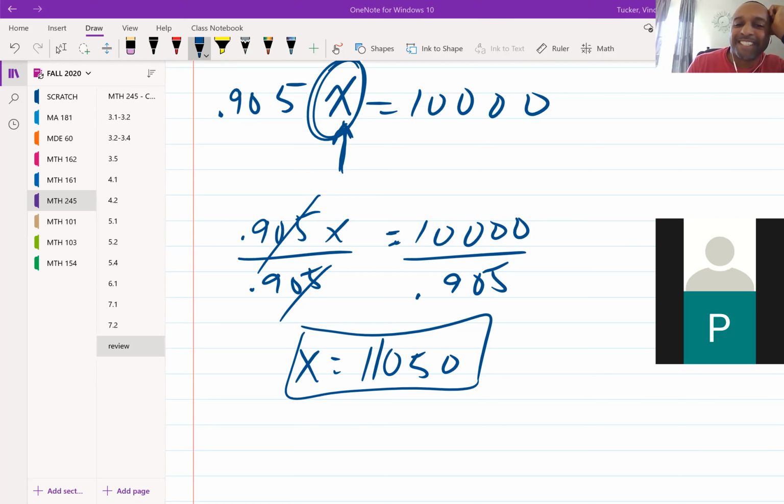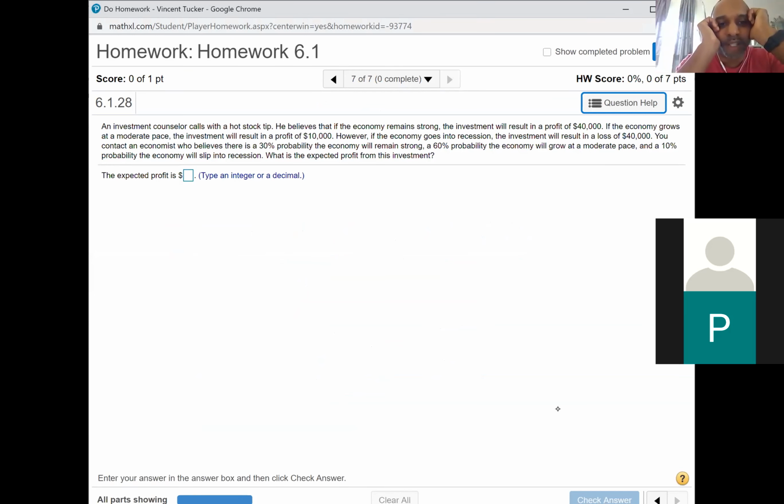All right, so let's see what we have here. Let me make sure I've got the problem that you're talking about. Is this the problem right here? You said number 7 out of 6-1? Yes, sir. An investment counselor calls with a hot stock tip. He believes that if the economy remains strong, the investment will result in a profit of $40,000.